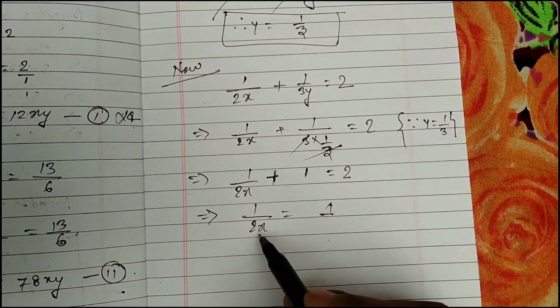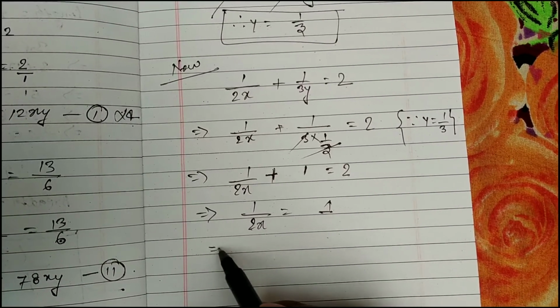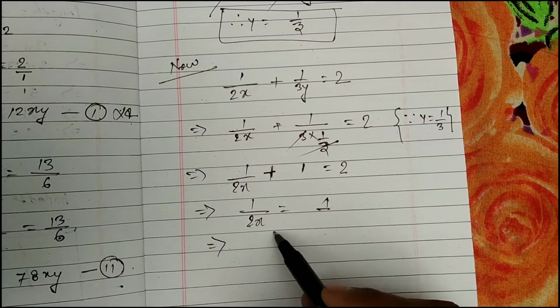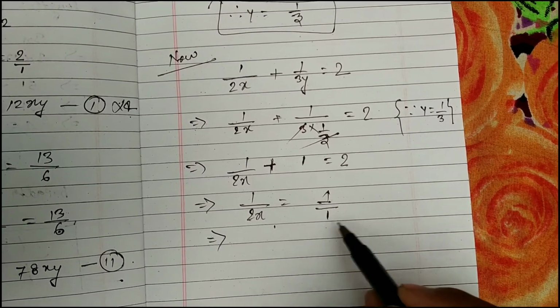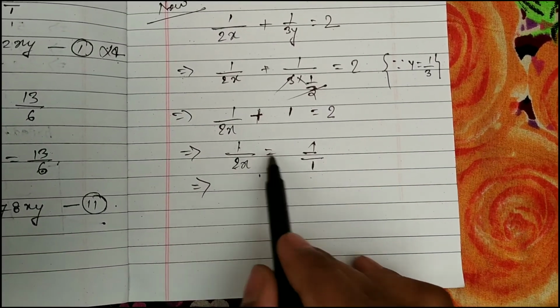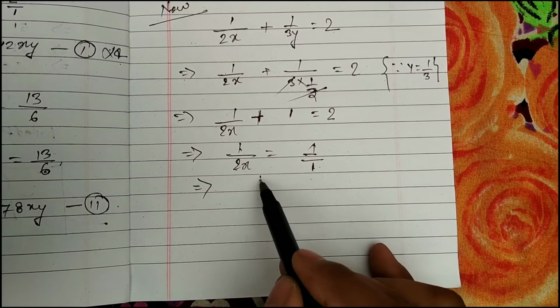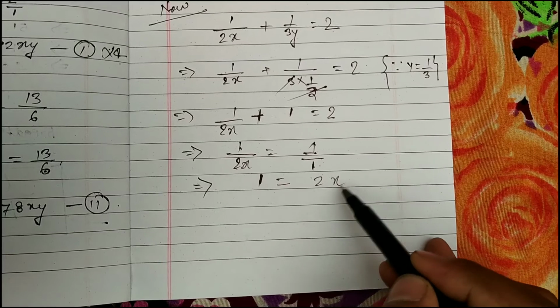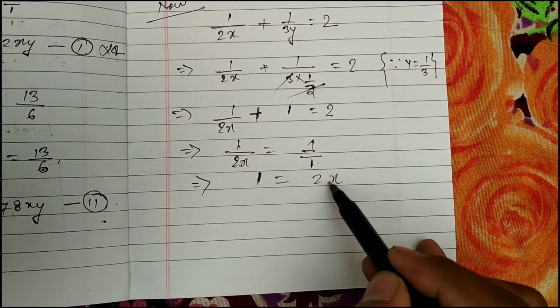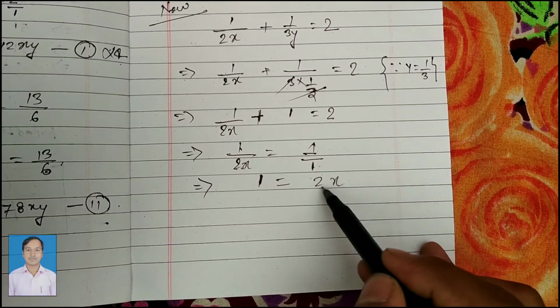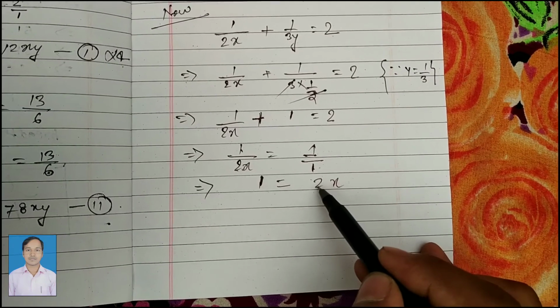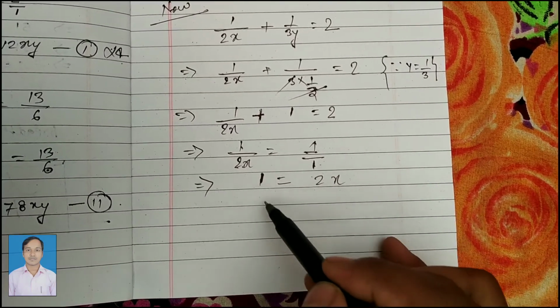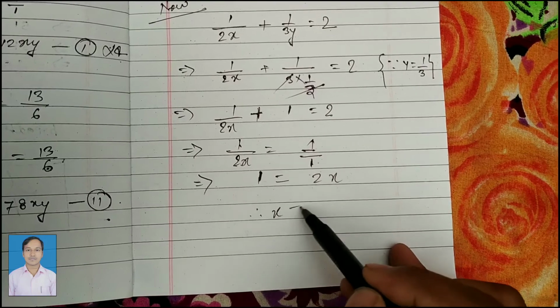Now do the cross multiplication: 1 ones are 1, and 2x into 1 is 2x. This is in product form, so it goes under division. So the value of x will be 1 by 2.